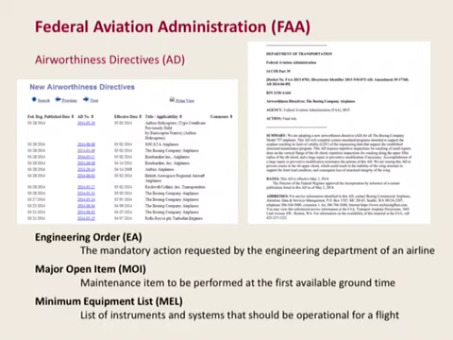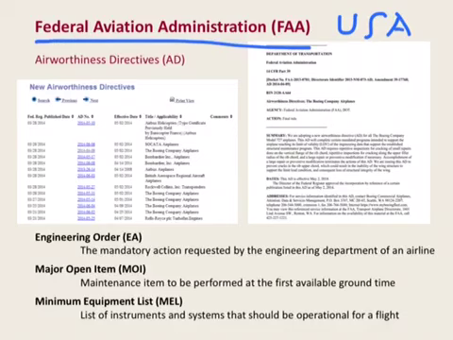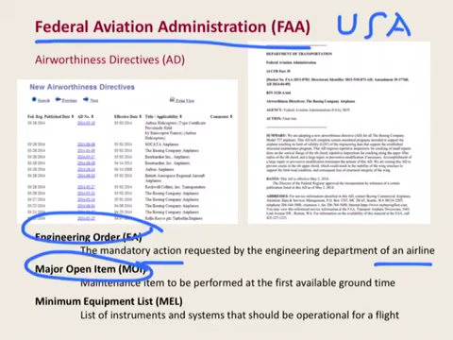We also have the FAA in the US, an agency in charge of implementing directives and actions for the airlines which aim to reduce potential risk of parts of an aircraft. This can be through an engineering order with less priority than a major open item, which has to be done as soon as possible, and indicating what is the minimum equipment list of an aircraft.